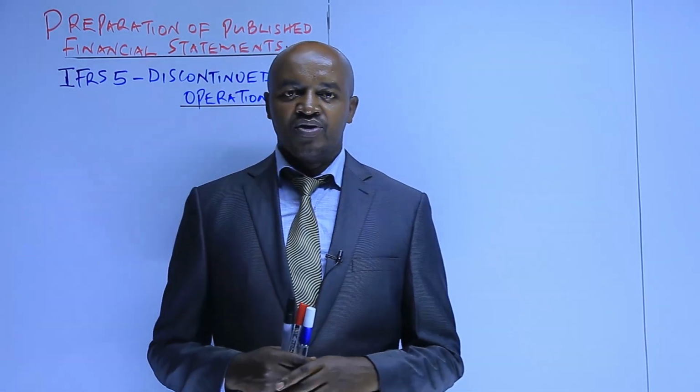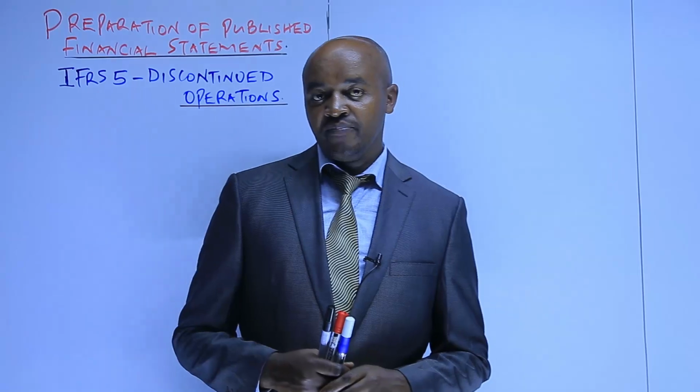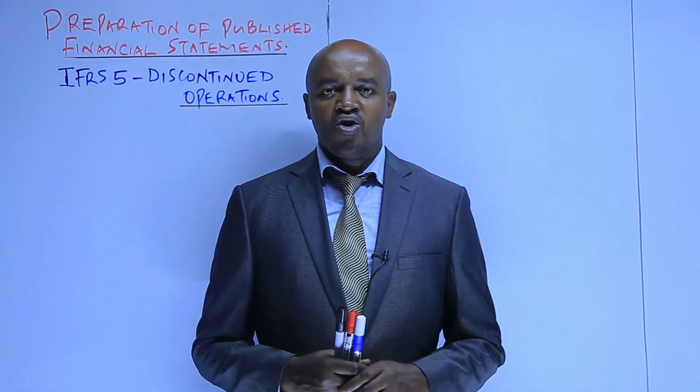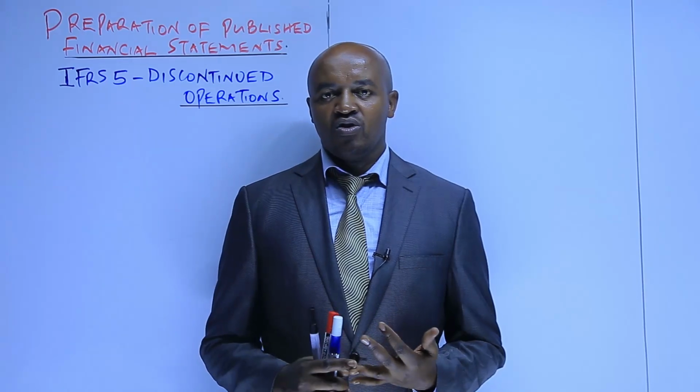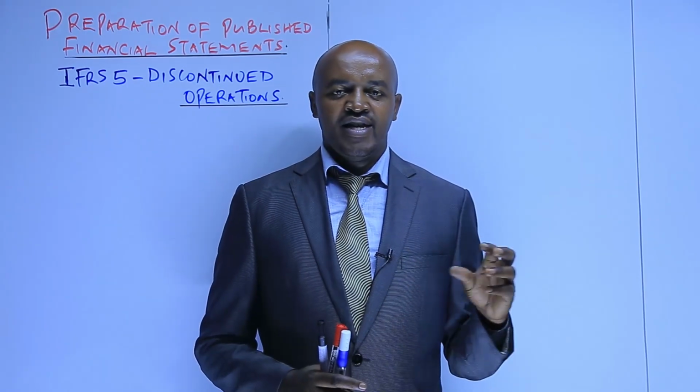But to start with, I want us to define what a discontinued operation is. Basically we say that this is a component of an entity which has been disposed of, or is classified as held for sale.